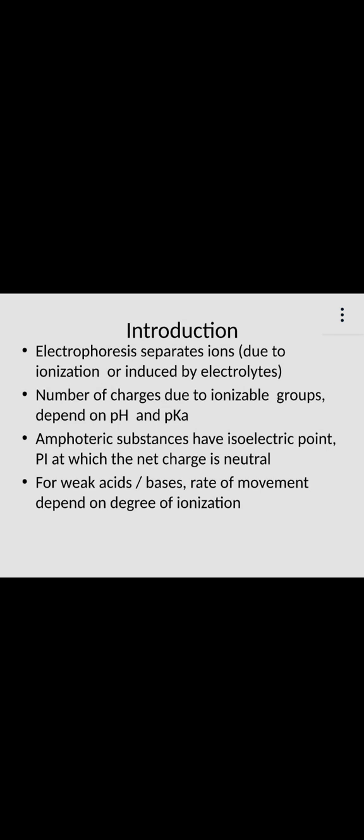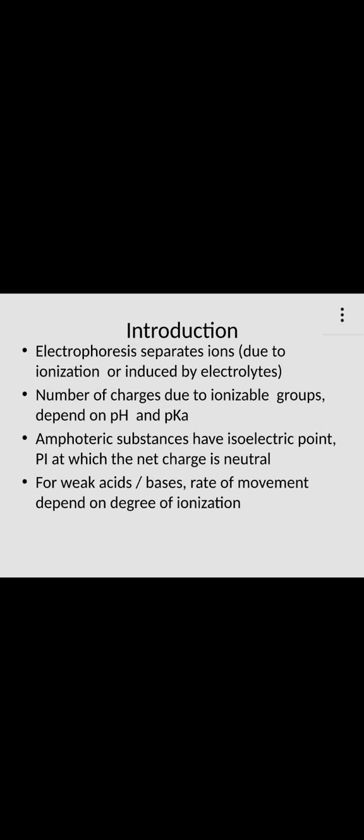So for the weakly acidic or weakly basic, the degree of ionization and hence the mobility during electrophoresis will depend on the proportion of the ionized function, or the ionized species.